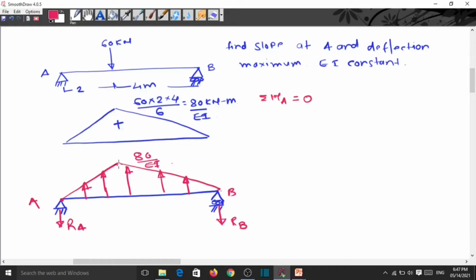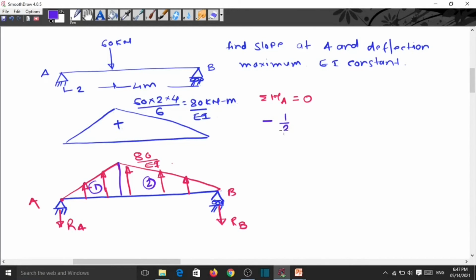So now if we make the two part, suppose this is the first and suppose this is the second part. So now this create the anti-clockwise movement, so that is a minus.